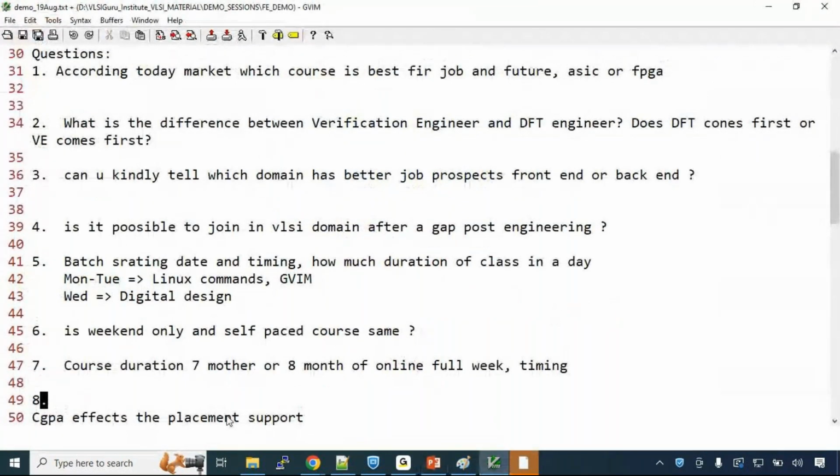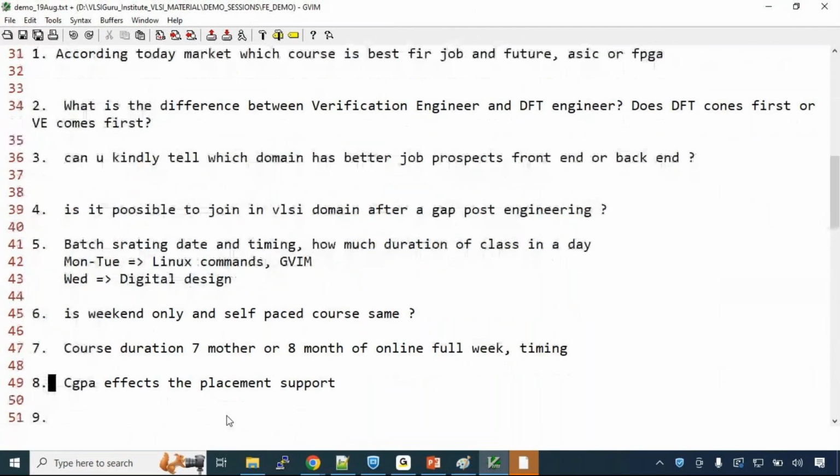Does CGPA affect the placement support? Yes. Let's say someone has a very low percentage, like 45%, chances are very low, because the company understands that you are consistently not doing well. If CGPA is 85%, chances are very good because you have done very well during your BTech.